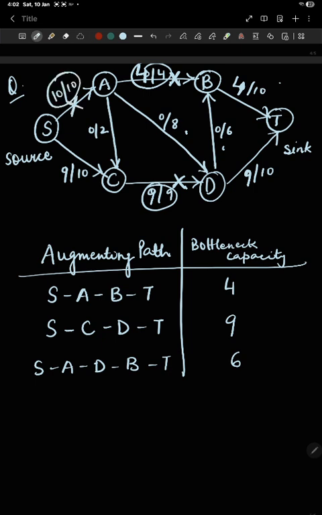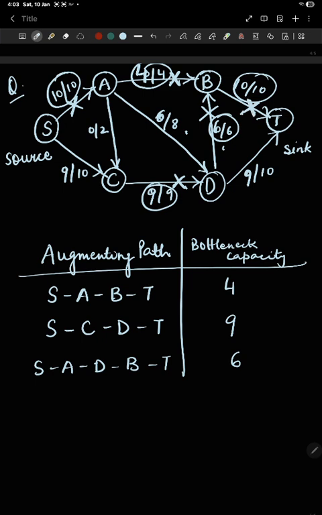So cross this path. Here 6. Okay, here 6. So cross this path again. Here again it would be 4 plus 6, so it would be 10 on 10. So again this path would be crossed.